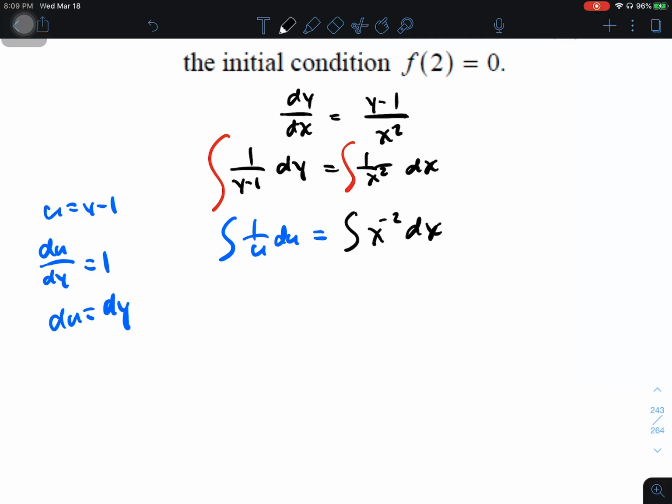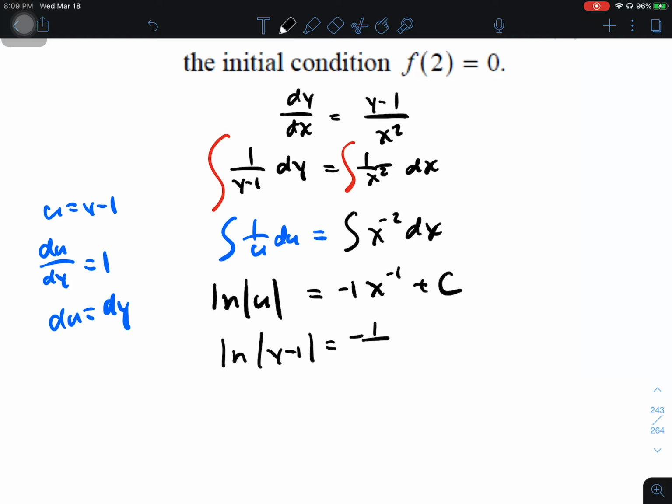On the left, if you integrate this, you're going to get natural log of the absolute value of u. On the right, add 1 to the exponent, multiply by the reciprocal, and throw in your arbitrary constant. U doesn't really exist in this problem, so it's natural log of the absolute value of y minus 1 equals negative 1 over x plus your arbitrary constant.